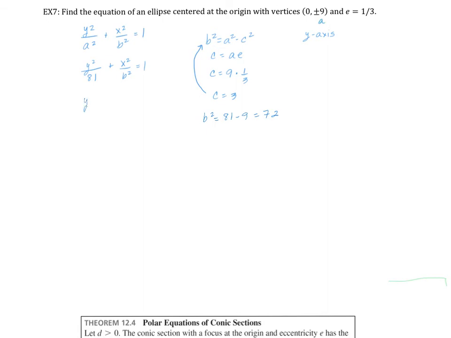So this would be y squared over 81 plus x squared over 72 equal to 1. And I am done with that.